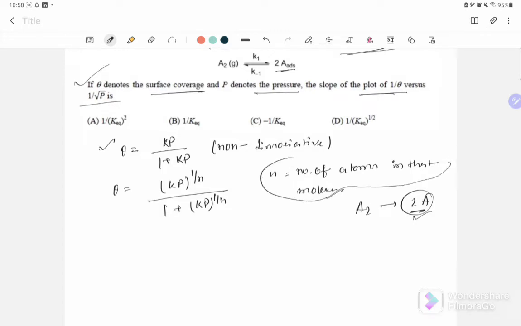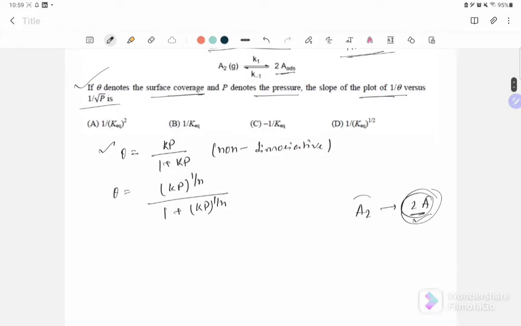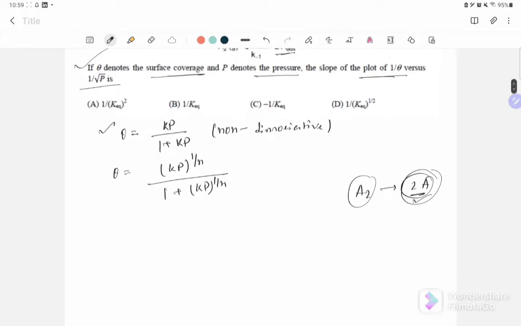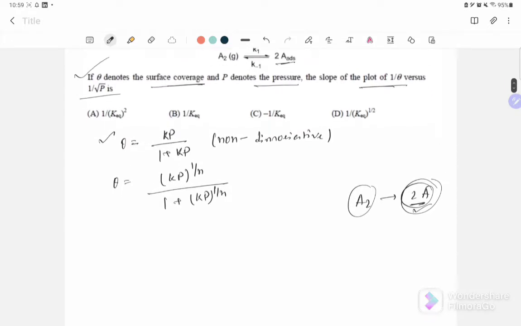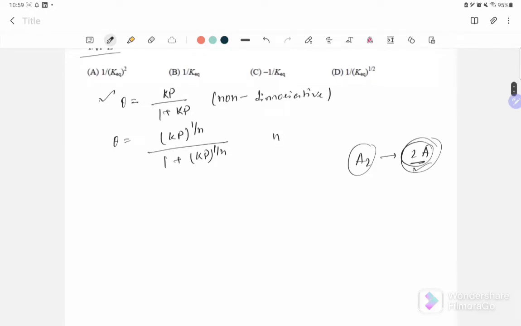It's not the number of atoms; here A goes to 2A, so it divides into 2 parts. So it's dissociative in nature and n is 2.